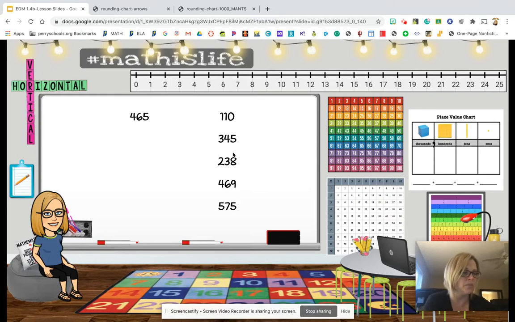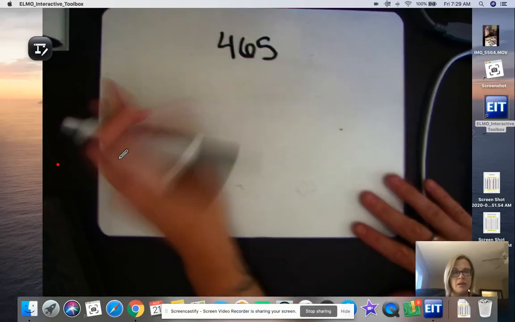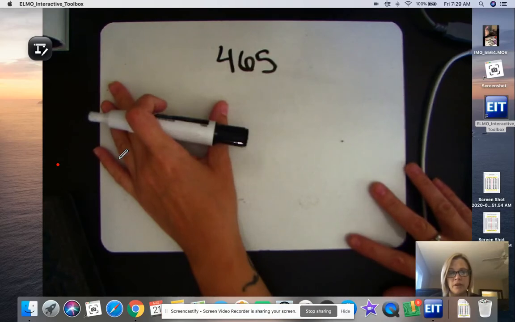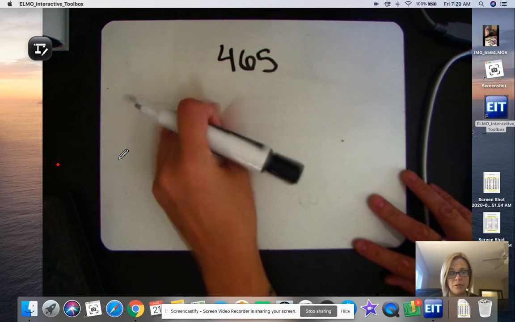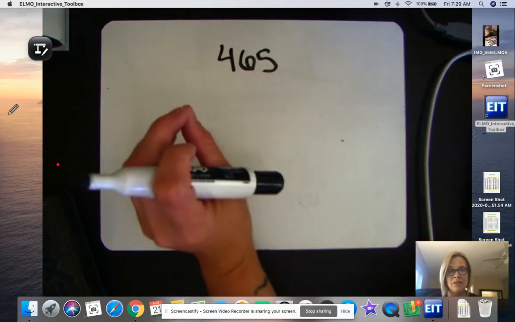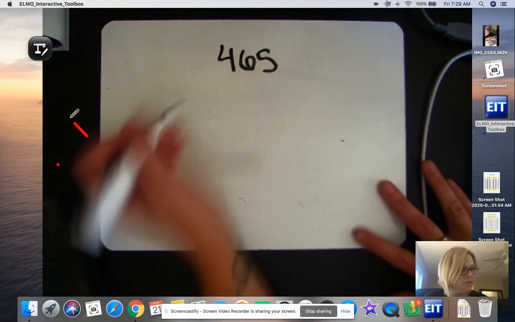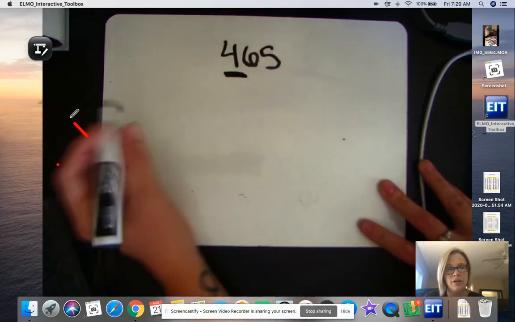I'm going to start with the number 465, and just like with the rounding to the tens, I'm going to identify the number that I'm rounding to. In this case, I'm rounding to the nearest hundreds. So my hundreds is right here.